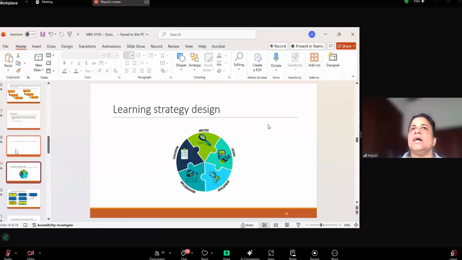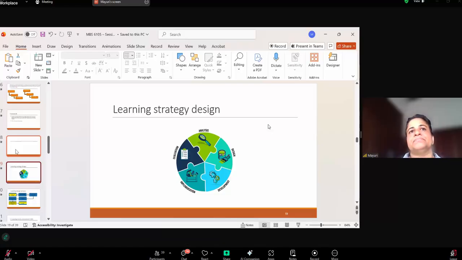Yes, when it comes to this learning strategy design, there's no universally accepted standard method, no globally accepted common method.